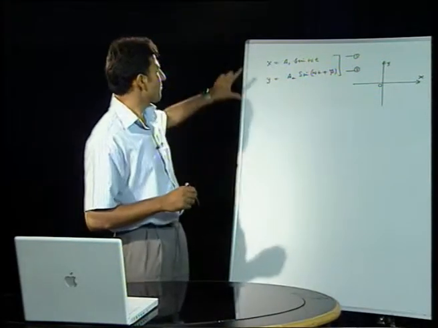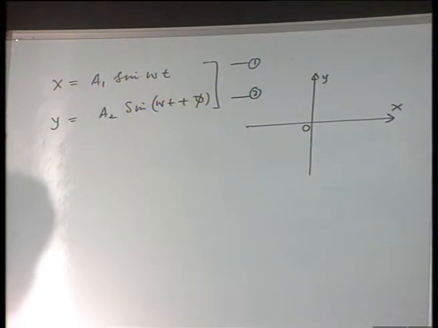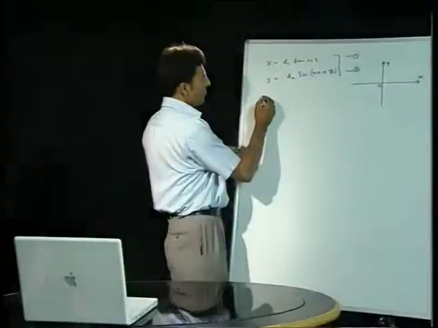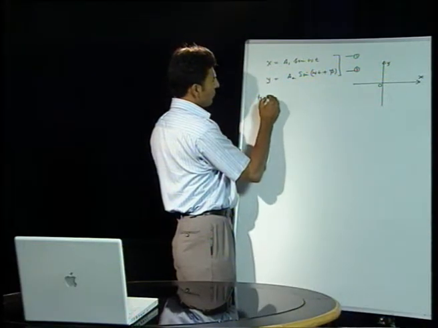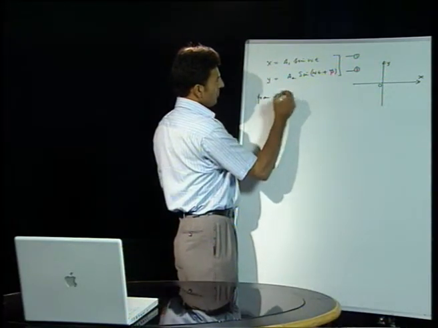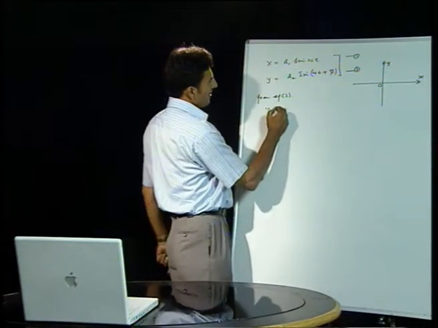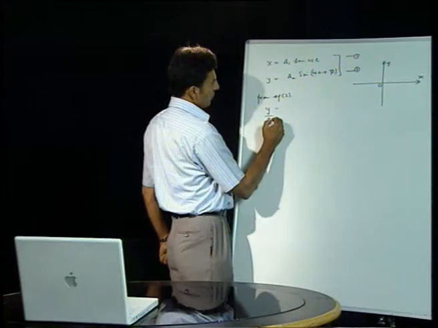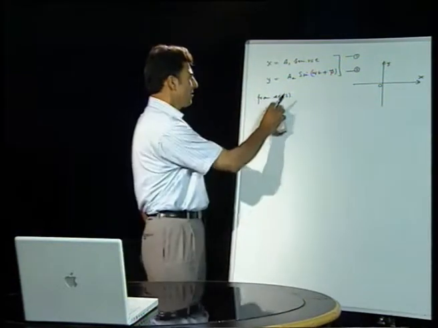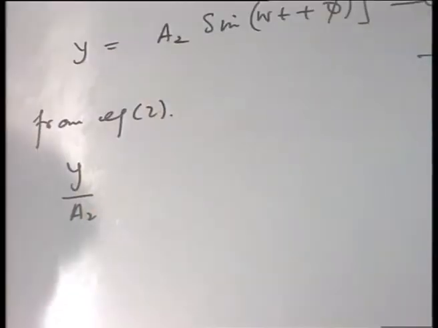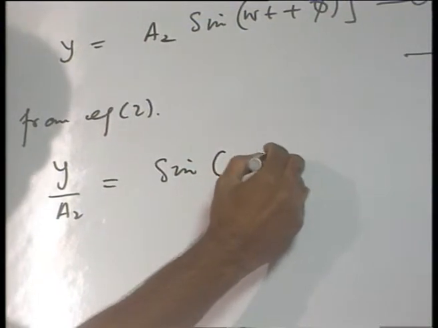So if we combine these 2 equations and want to find the resultant equation, from equation 2 one gets y by a2 is equal to sine omega t plus phi.